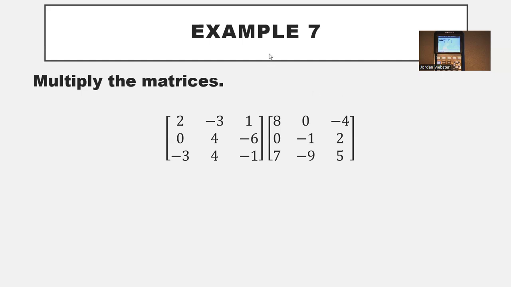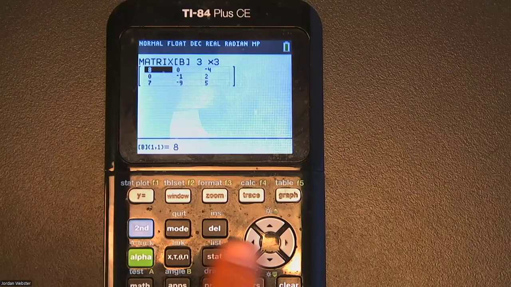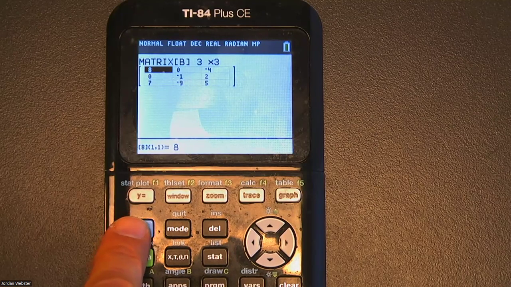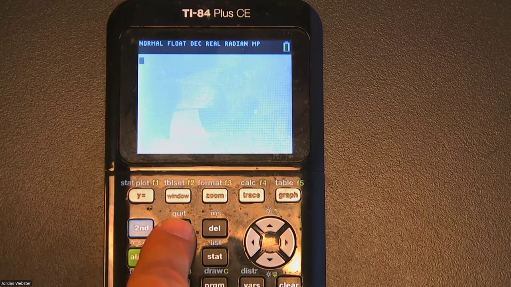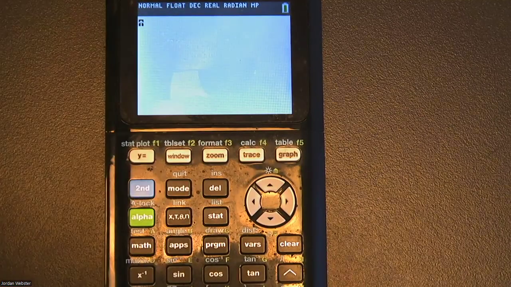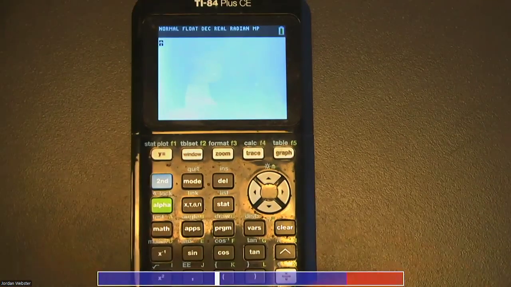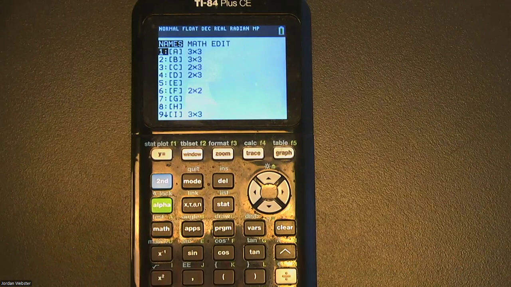If I want to multiply those, now all I have to do is go back to the home screen and then go into the matrix menu. Let me zoom out just a touch. So I'm going into the matrix menu.